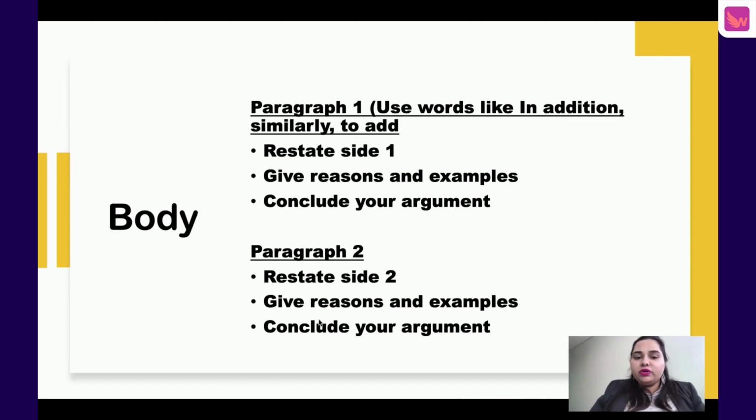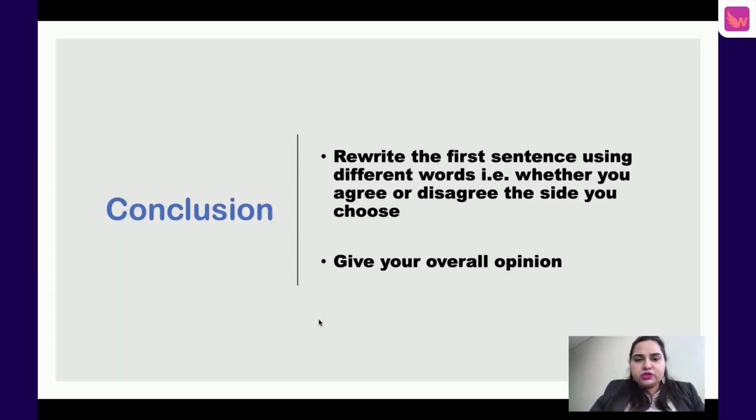For paragraph 2, you have to restate your side 2, give reasons and examples, and conclude your statement or argument for body paragraph 2. Most of the time, if it's a disadvantages and advantages essay, your paragraph 2 restatement will be however, or on the other hand, there are many drawbacks of the given topic that should not be ignored, kind of things you can always use. Then for the conclusion, you have to rewrite the first sentence using different words.